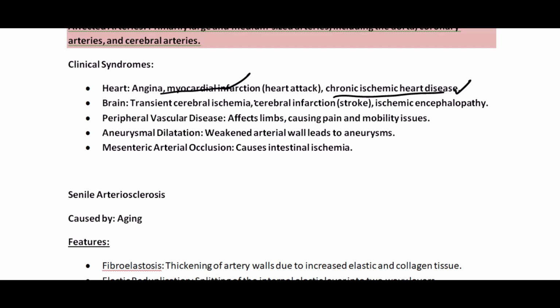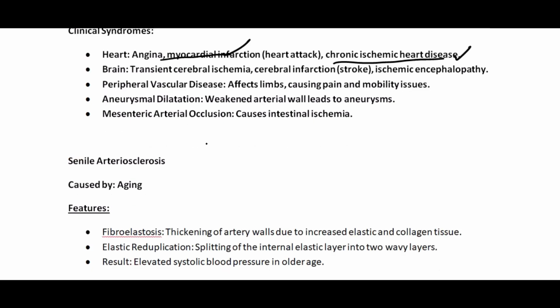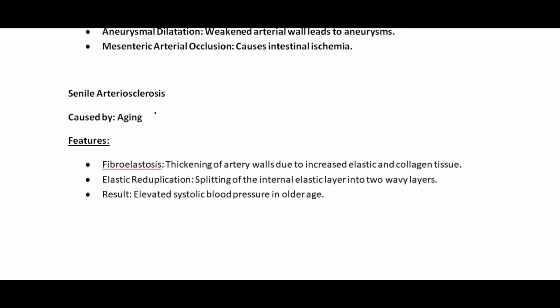In the peripheral vascular disease, it affects the limbs, causing pain, reduced mobility, and sometimes leading to ulcers. There could be aneurysmal dilatation. The weakened arterial walls can lead to aneurysm. And there could be mesenteric arterial occlusion. Now let us discuss the causes.